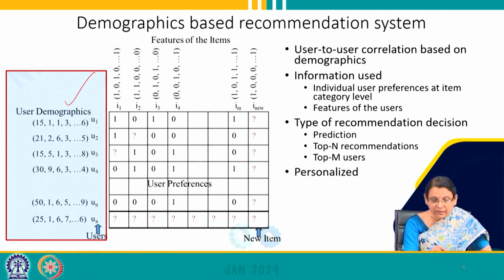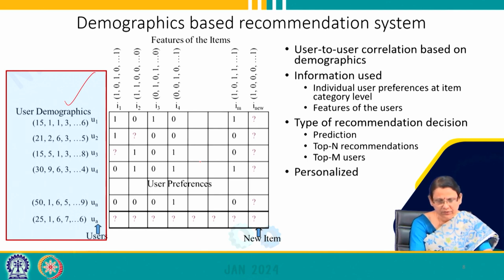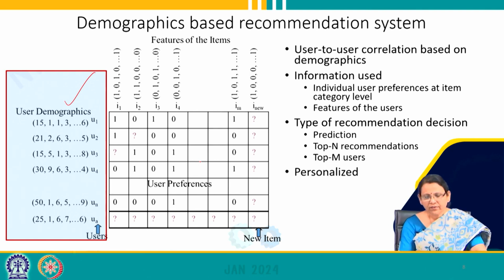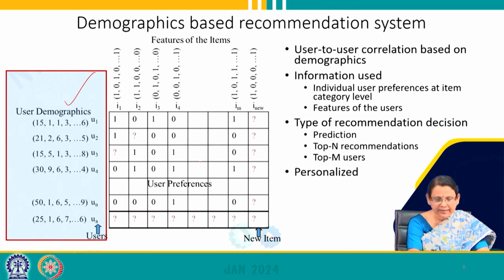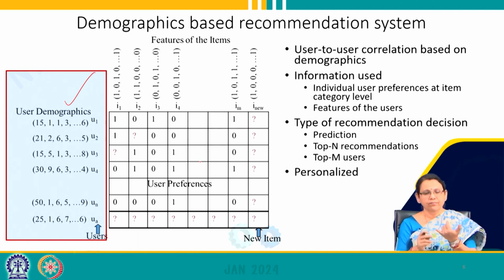And one more thing, when we find out these demographics, the user has liked so many items, and these are the ratings. From this rating matrix, we have to derive the specific category liking of the user at a category level. So, we know what various categories this particular user likes. Let us consider the case of movies. Maybe you have comedy movies, action movies, and there are so many genres.